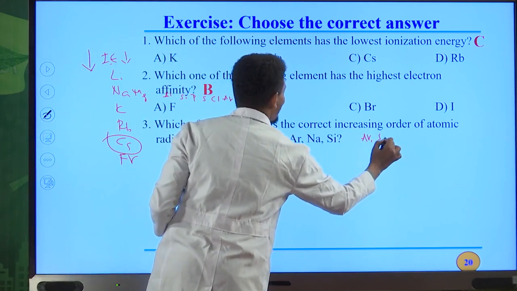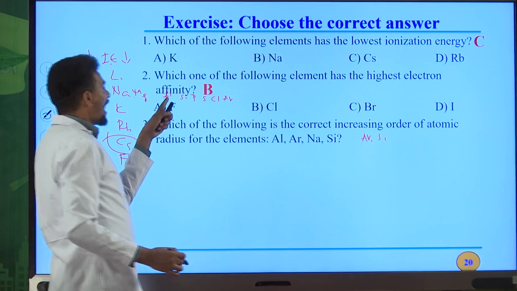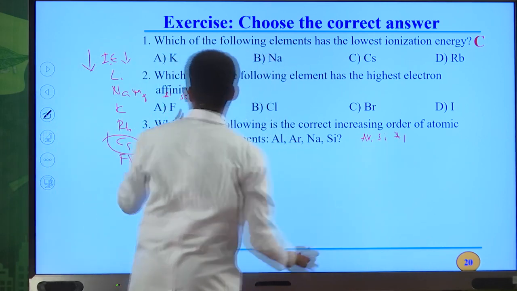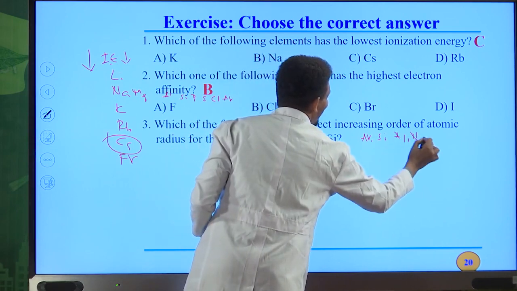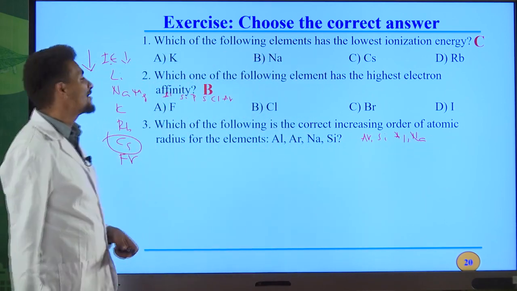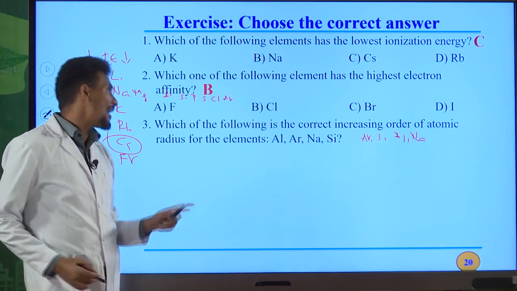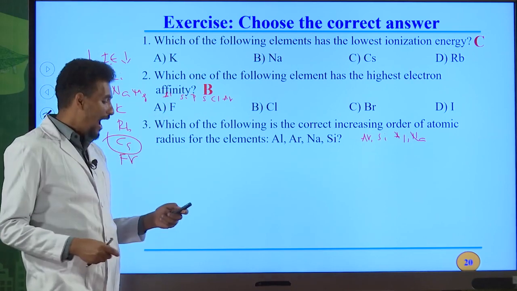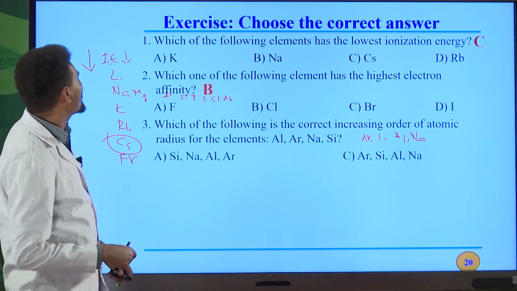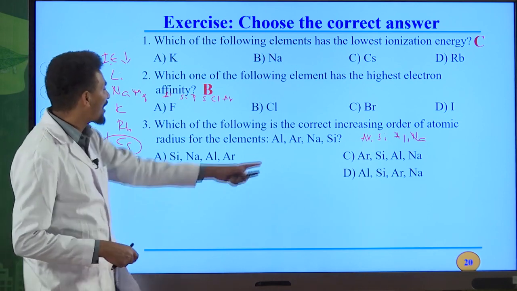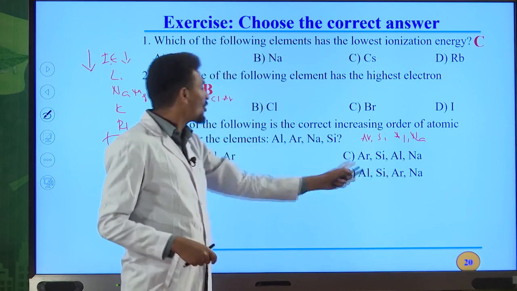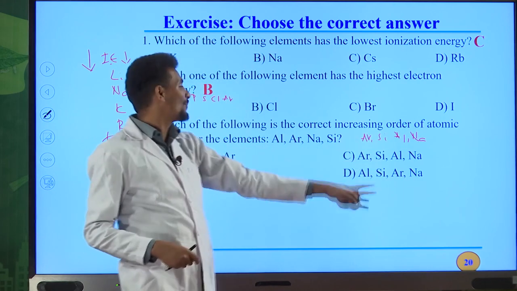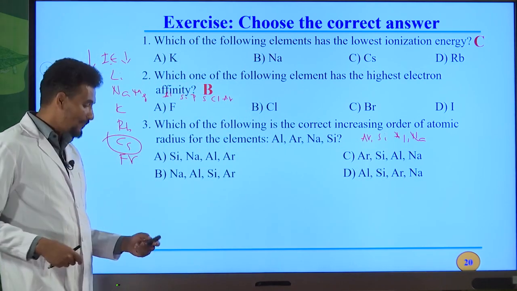So then silicon, then aluminum, then as the end sodium. Sodium has a larger radius when compared with other elements of the same period, because from left to right across the period atomic size decreases. Therefore the correct answer is argon, silicon, aluminum, sodium. So it increases from argon to sodium. C is the correct answer for this question.